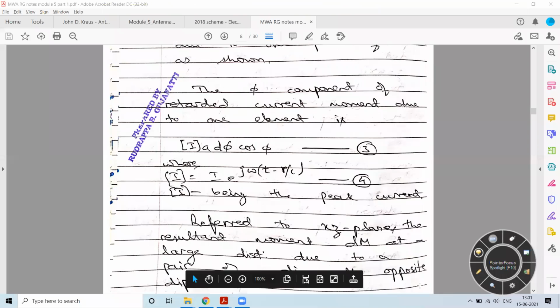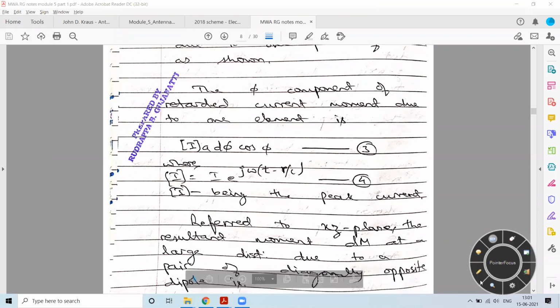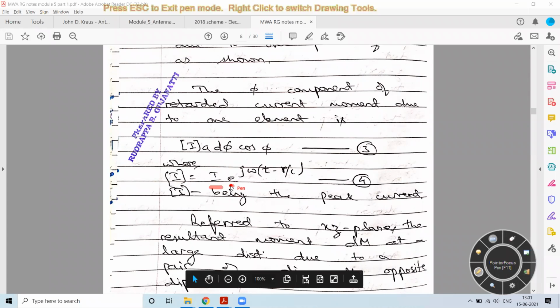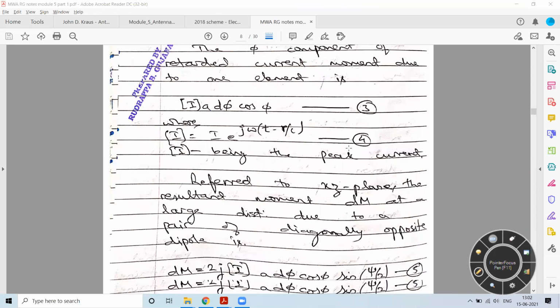Now based on this, as previously we had seen, the retarded current is given by I into e raised to j omega times t minus r by c. This is the peak value of the current. Sometimes we represent it as Imax or sometimes as I naught. So this is the retarded parameter we need to consider. And this one is not a bracket, it is actually just I, where I in this case is the peak value of the current.